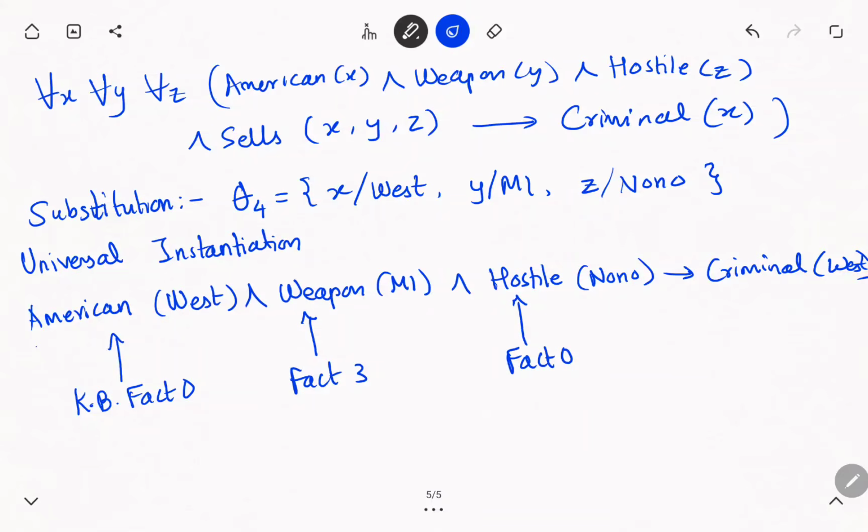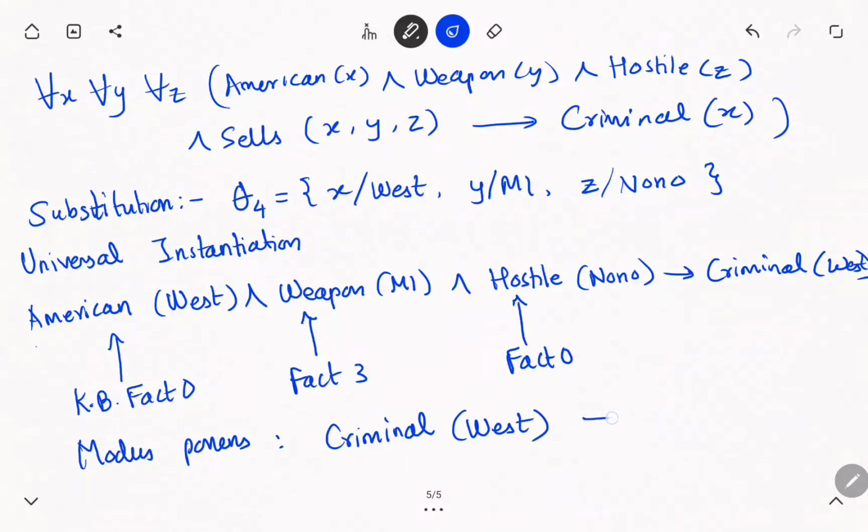So when you combine all these three together, the left hand side has to be true. That means for P implies Q, P is true, so Q also has to be true. So by modus ponens, criminal West is true, which is the goal. So hence proved.